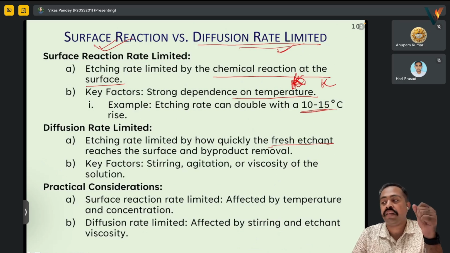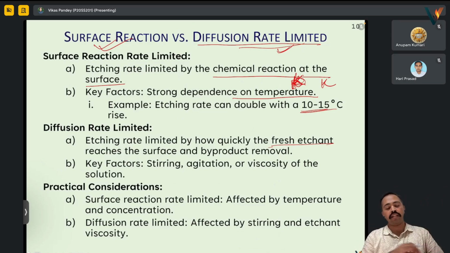It might occur that the whole solution gets saturated and the fresh, unreacted part is not able to reach our surface fast. So there are some factors like stirring, agitating, and viscosity of the solution. That is an important thing that we have to consider.